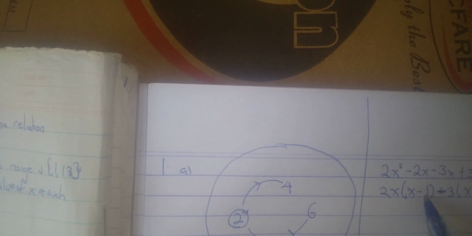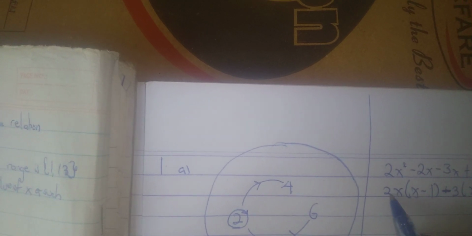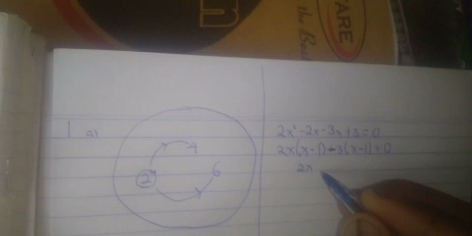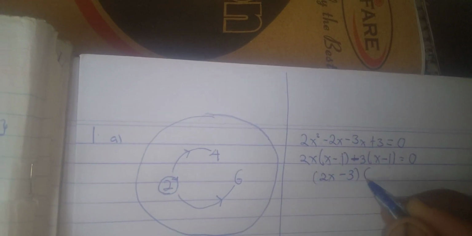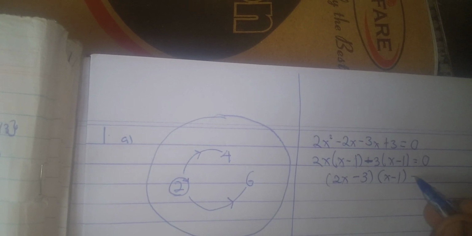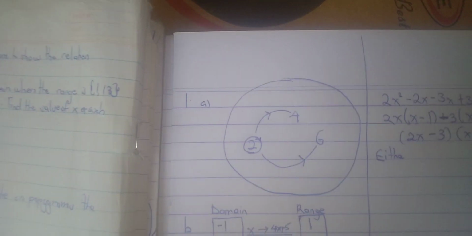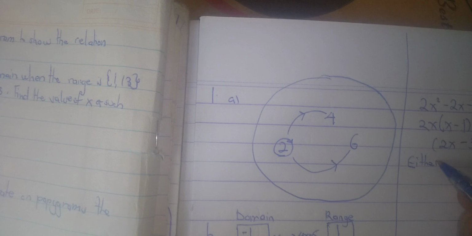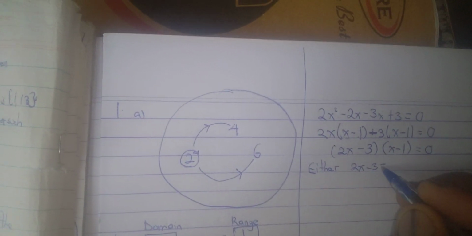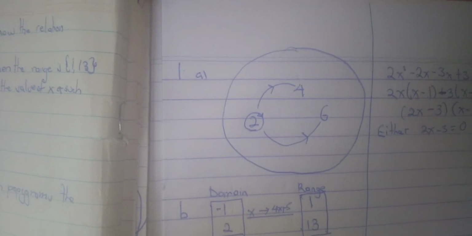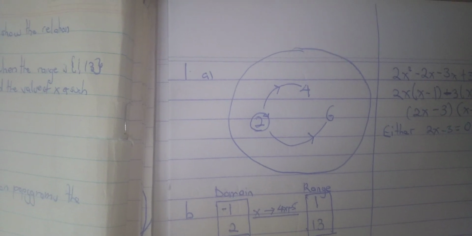Since these two brackets are the same, we shall take 2x minus 3 into x minus 1. This will give us 0. So either 2x minus 3 equals 0, or x minus 1 equals 0.